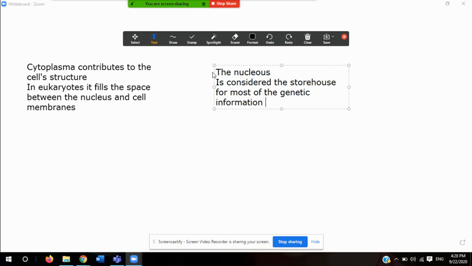So that's one. Let me write them down. So one is it's considered the storehouse for most of the genetic information.